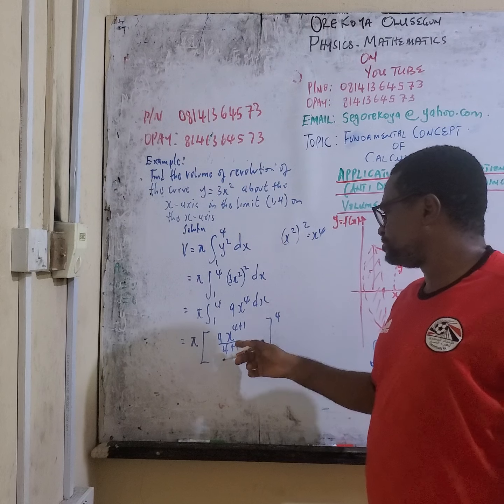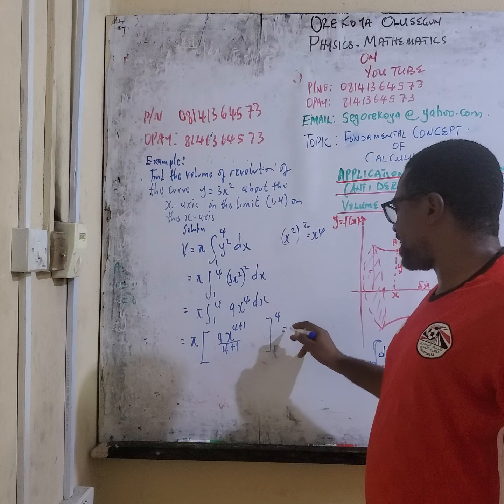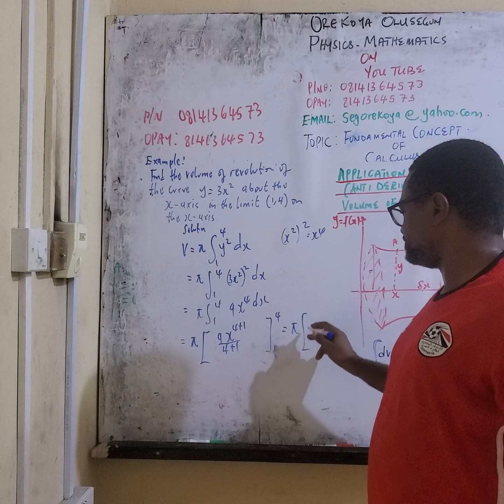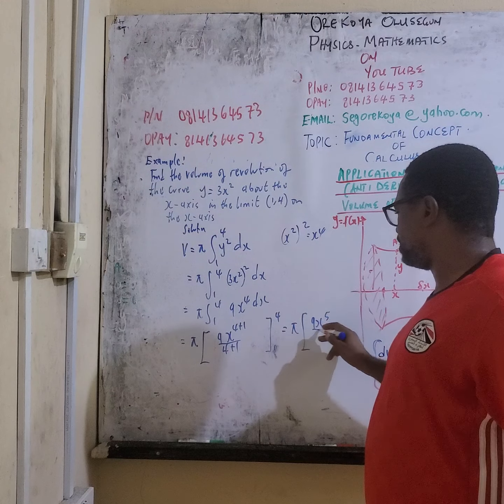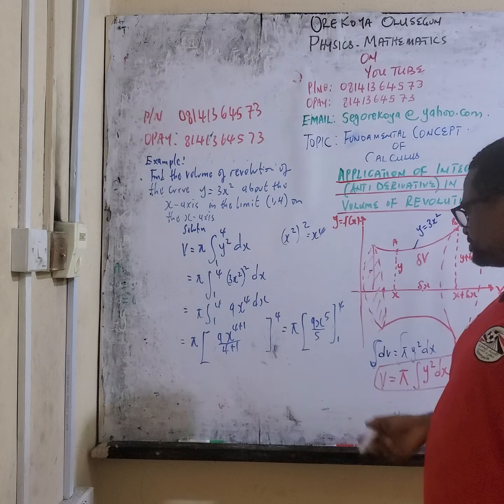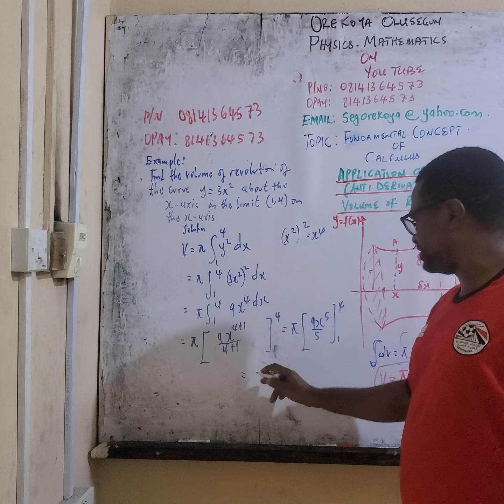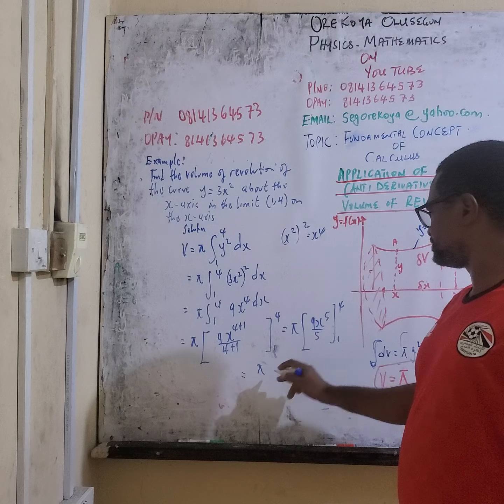So this can be simplified as pi, 9 x raised to power 5 all over 5, in the limit 1 to 4.